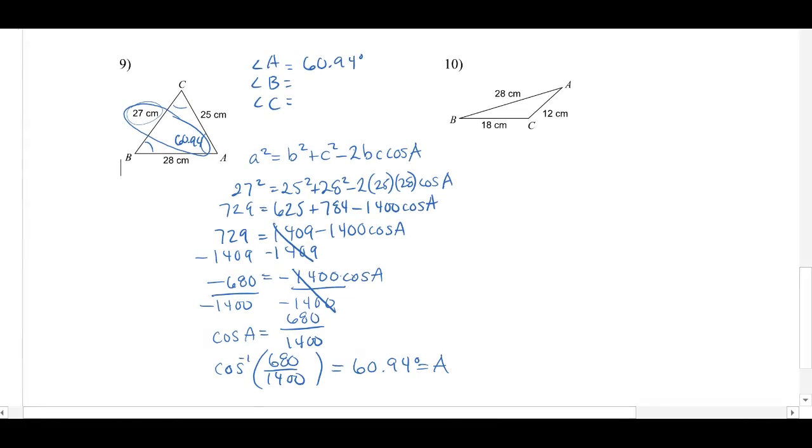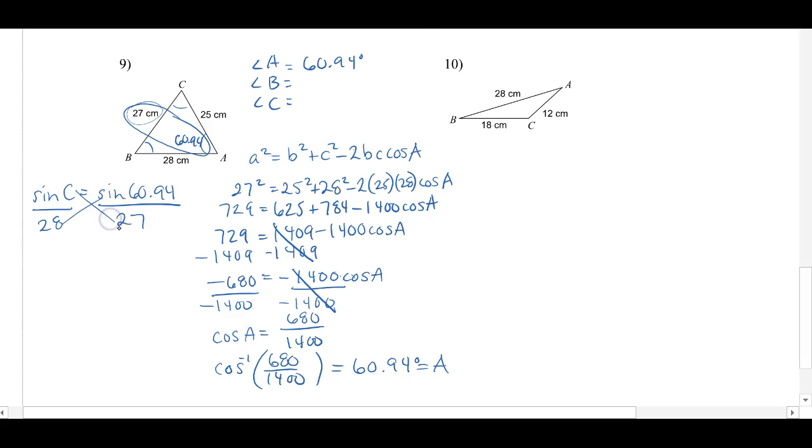So now let's do set of sine of cosine. I'm going to look for another angle. So sine of, let's look for angle C. And that its opposite side is 28, right here. And then we'll do sine of that angle we just found, 60.94, over its opposite side, 27.